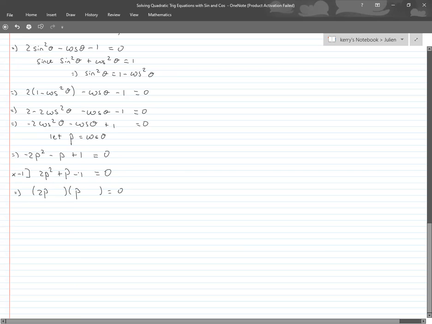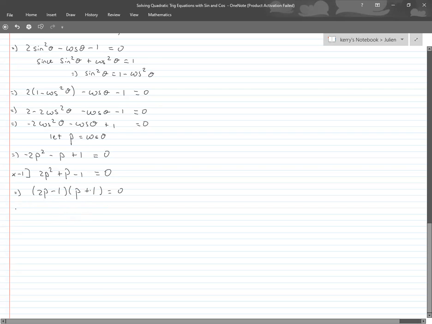So since this number is negative, it means that these two numbers have to multiply to give you a negative. So one must be positive, one must be negative. The only thing that can multiply to give you 1 is 1. Now you test to see if your signs are in the correct place. This is 1p minus 2p is minus p, but this is plus p. So you switch your signs now. Minus 1p plus 2p is 1p, and that's correct.